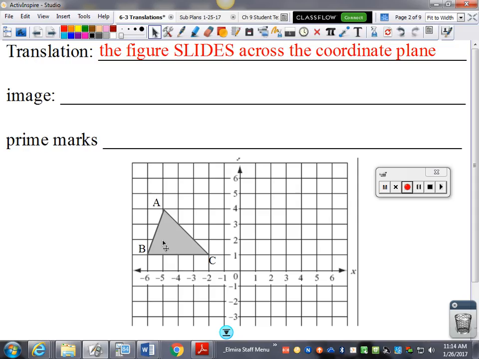It doesn't turn, it doesn't flip, it doesn't change size. It points exactly the same way. It just moves. So let's say I took this triangle and moved it 1, 2, 3, 4, 5, 6, 7 squares to the right and up 2 squares. I just did a translation.